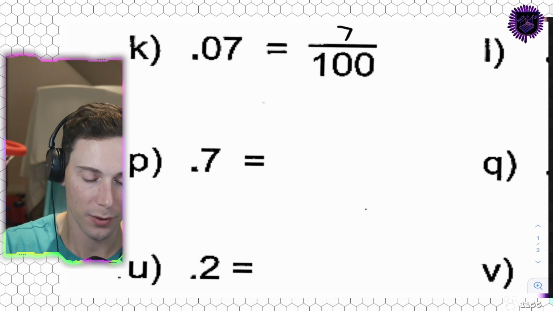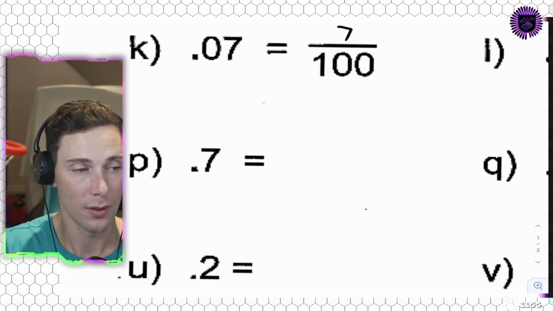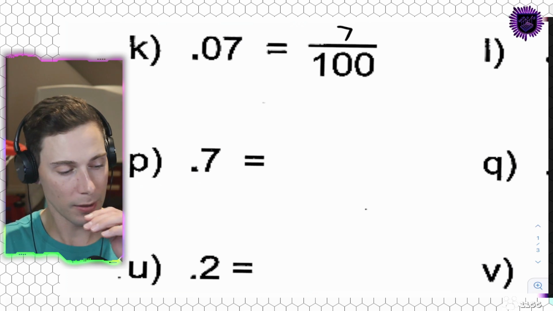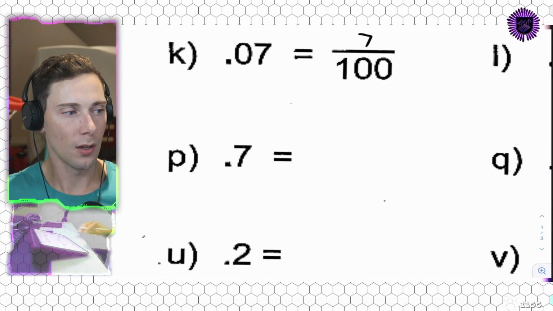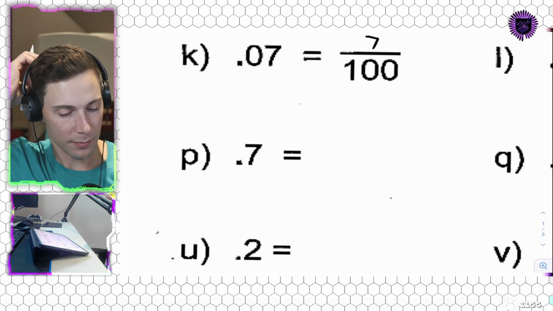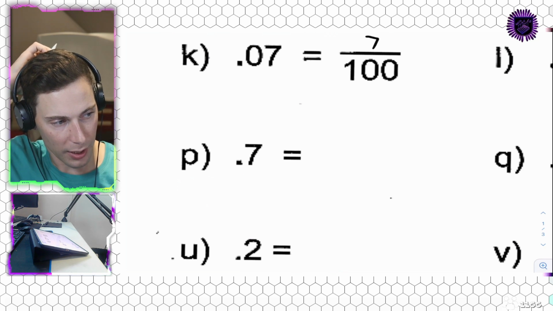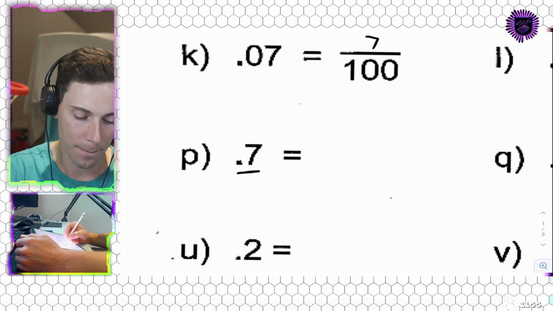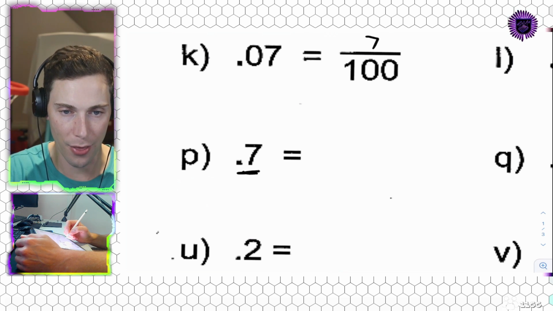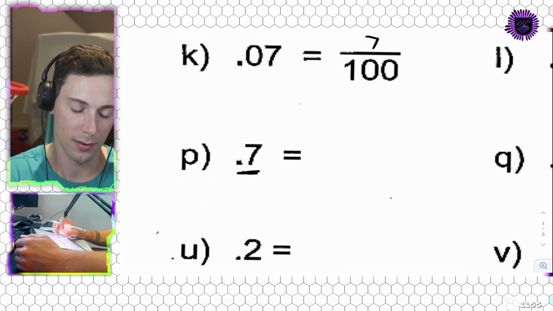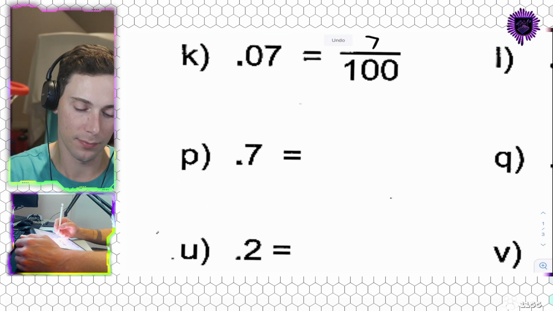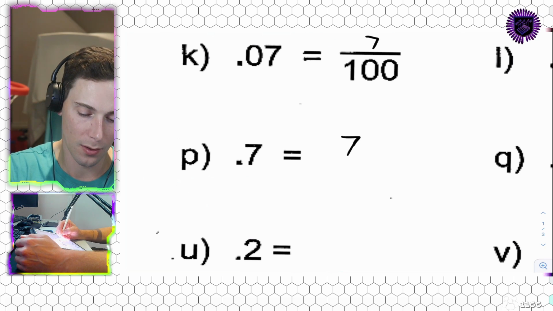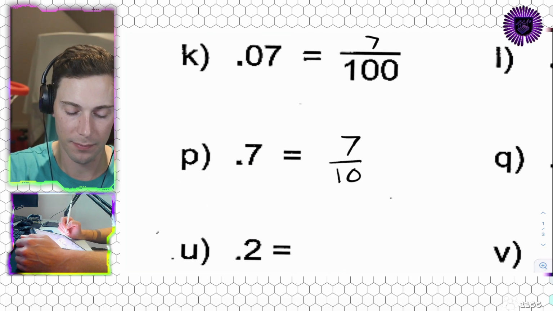Oh, no, we have to write it now. Okay. So this is good practice. So we want to make sure we are, again, looking at the place value. This is a tenth. 7 tenths. So we're going to write 7 over 10.